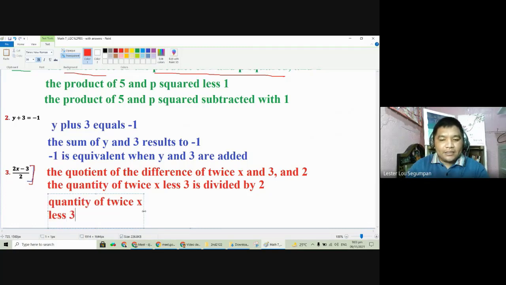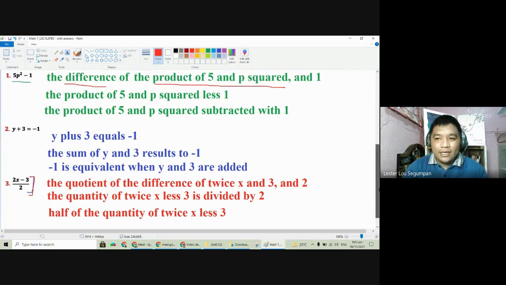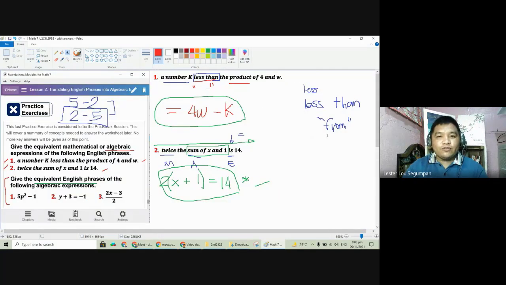Again, there are many possible forms here. The thing that you just need to be reminded of is whatever you have translated, you try to go back, revert the process, to see if you reach the given. So there are many forms here, and I would like you to try as many as you can. This is the pre-break session for translating expressions. See ya.